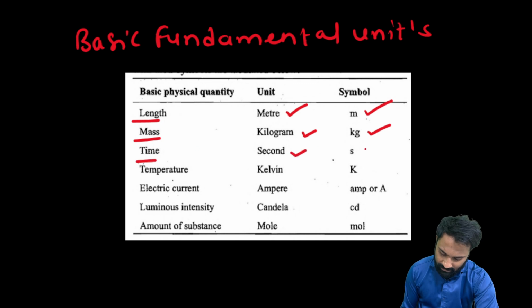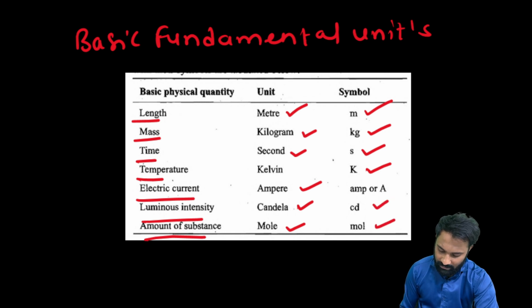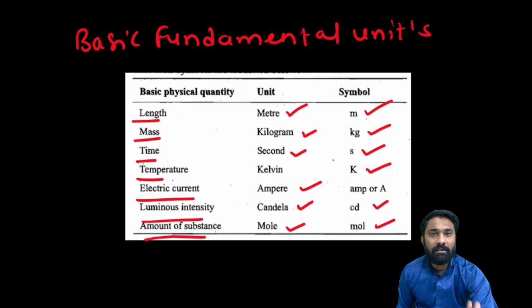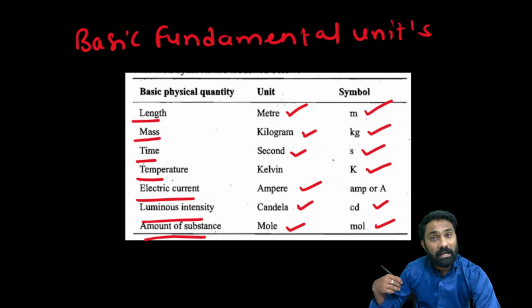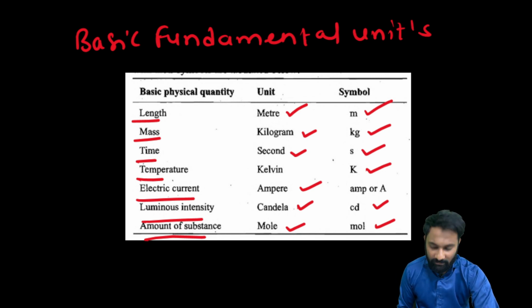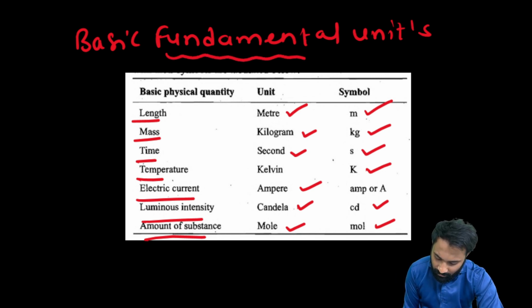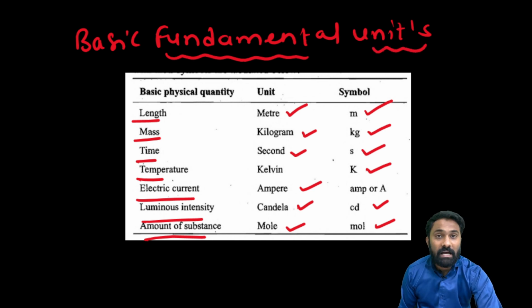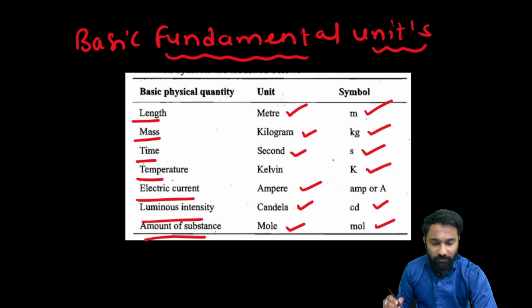Time, second. Temperature, Kelvin. Electric current, ampere. Luminous intensity, candela. And amount of substance, mole. These are the 7 basic fundamental units that we have, and the remaining units we can derive from these fundamental units.